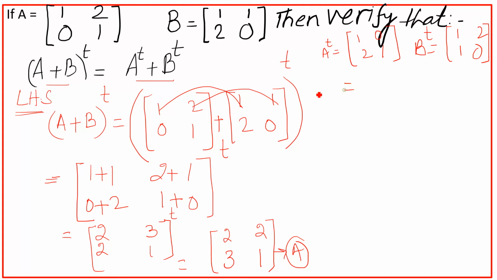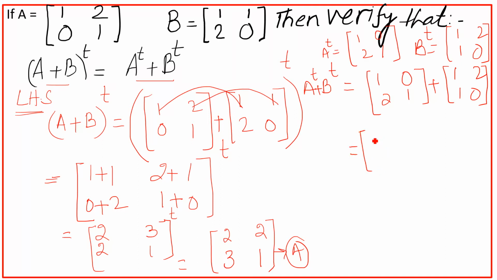So the question is A transpose plus B transpose, which is equal to 1, 0, 2, 1 plus 1, 2, 1, 0. Add it. It will be 1 plus 1, 0 plus 2, 2 plus 1, and then 1 plus 0.